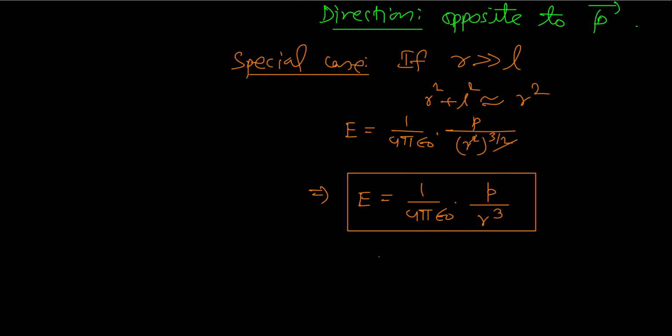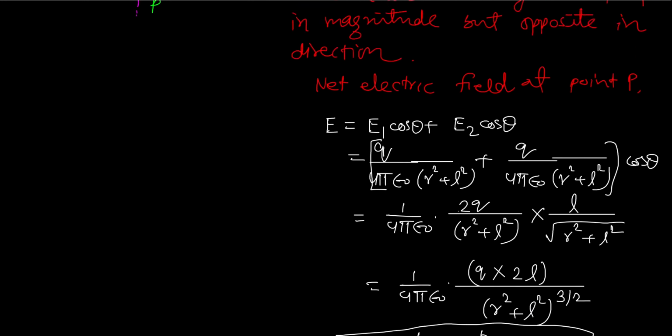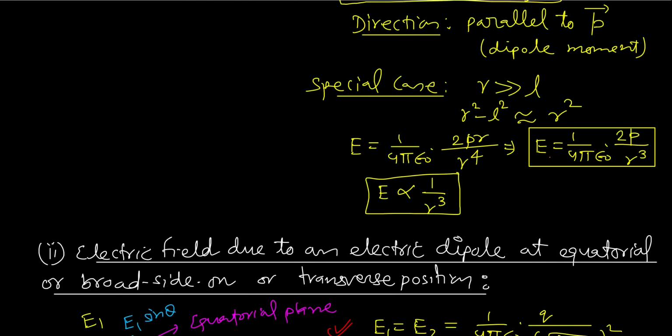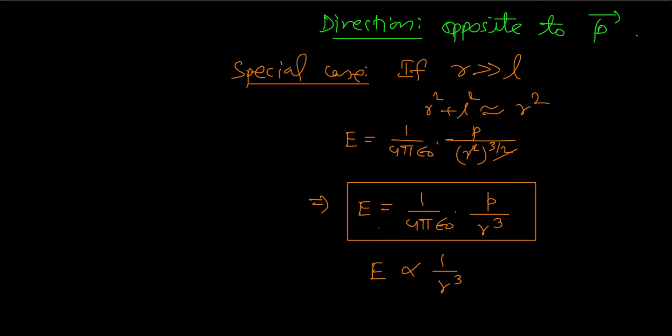So again you notice that net electric field is inversely proportional to R cube for equatorial positions also. And one more thing you should remember here: at axial position, suppose I write this special case value as EA, A means axial, and this value as EE, E means equatorial.